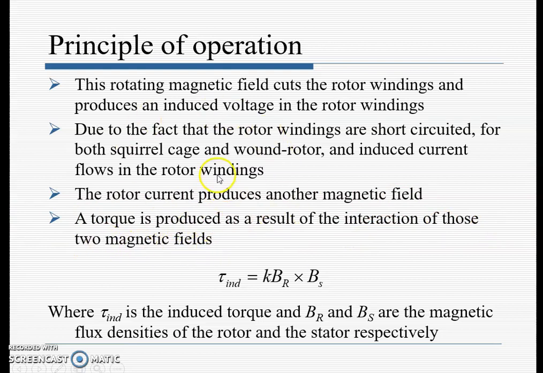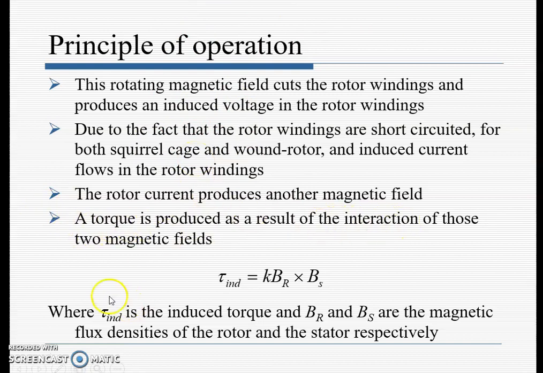Here you can see that two types of magnetic fields are produced. One magnetic field is produced in the stator and another magnetic field is produced in the rotor due to the magnetic field produced in the stator. The field produced in the stator is revolving at synchronous speed, whereas the field produced in the rotor is revolving at a speed always less than the synchronous speed.